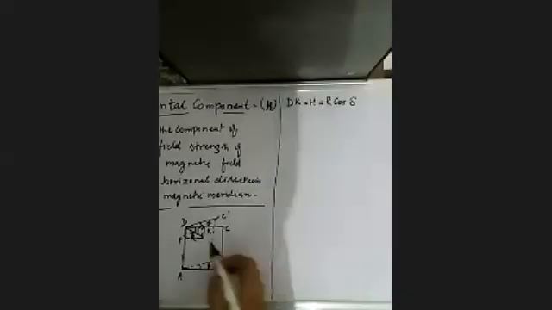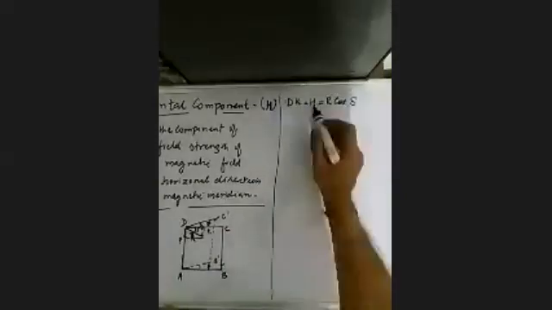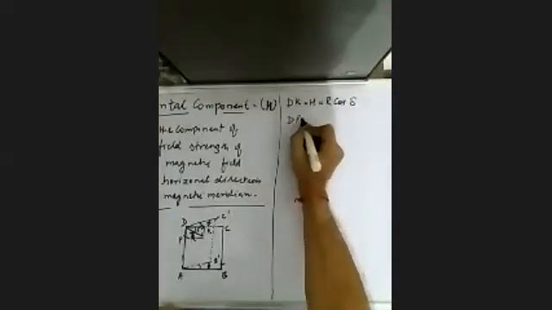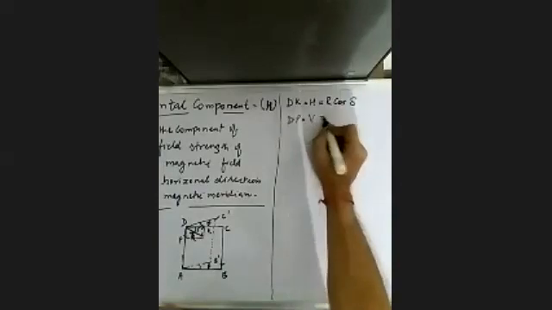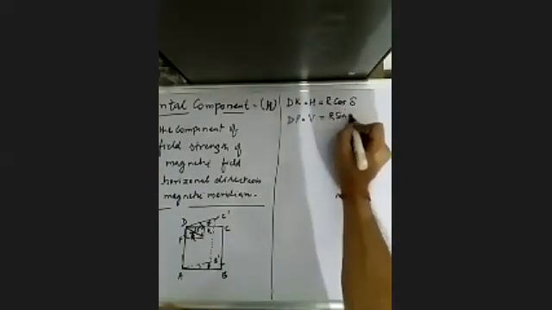Similarly, dp is the vertical component represented by V, that is R sin delta.